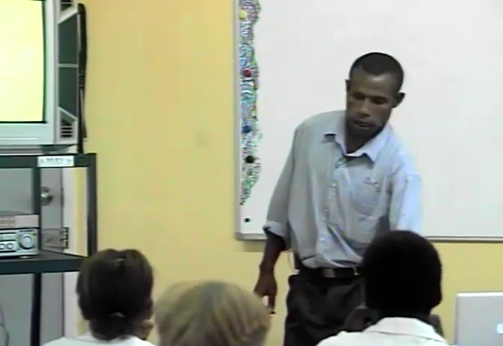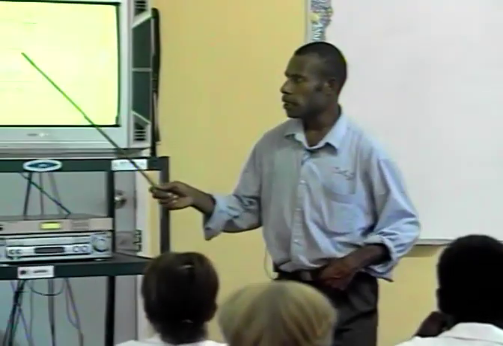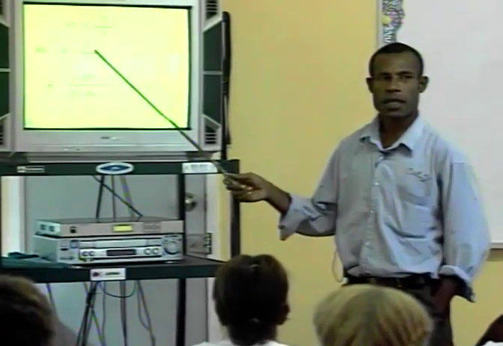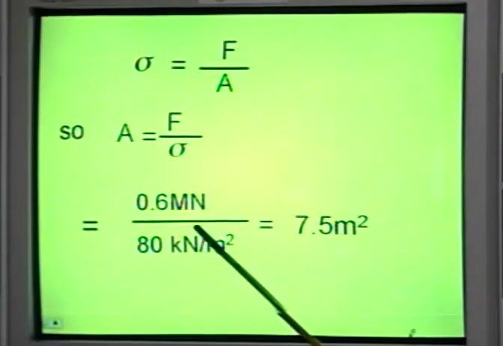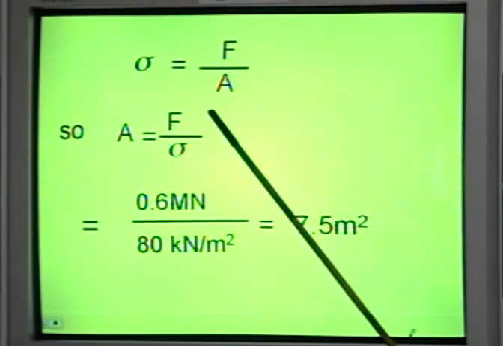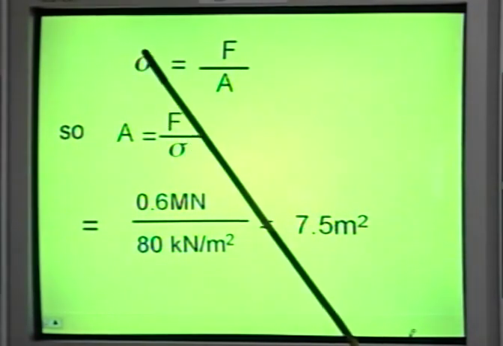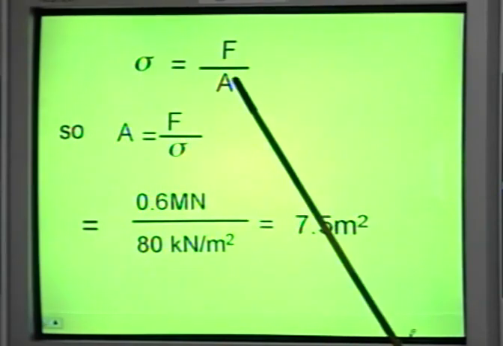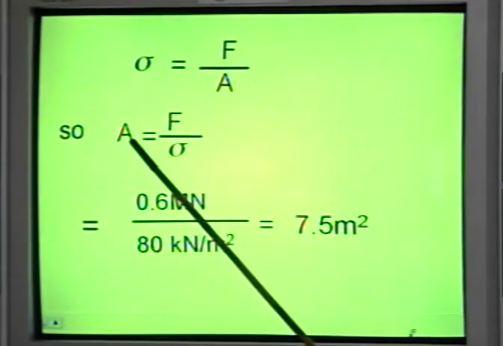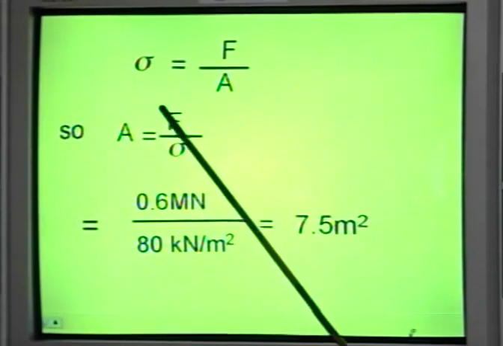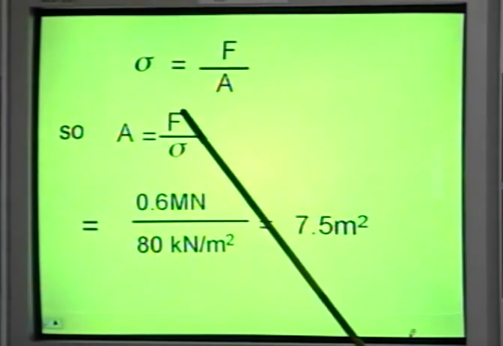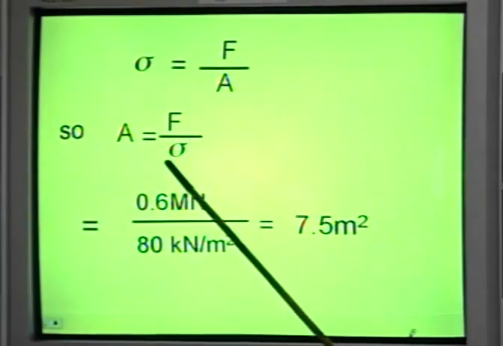And given from that formula, and placing that, we can always find the area which can support that amount of force, which is about 1.2 meganewtons. So in this case, stress equals force over area. But this time it is asking you to find the area, which equals force over the stress.